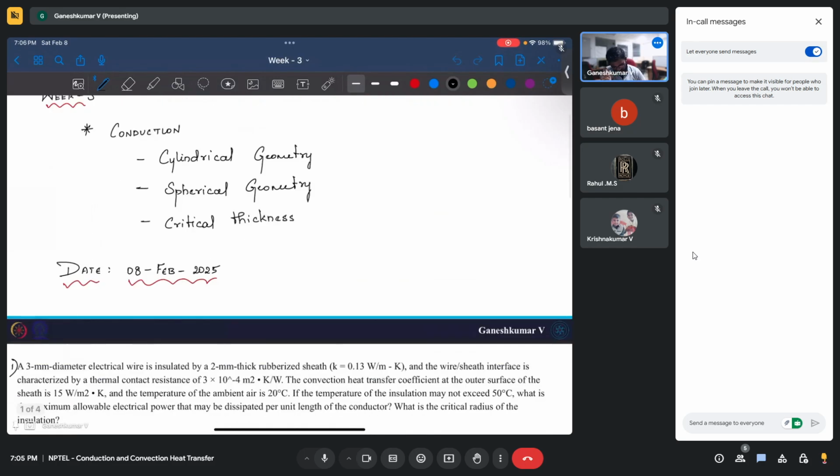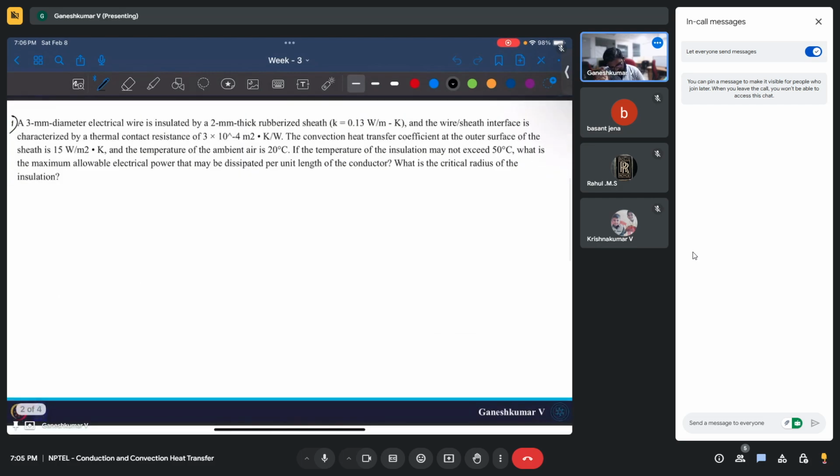Okay. So the first problem is about a 3 mm diameter electrical wire insulated by a 2 mm thick rubberized shell with a thermal conductivity of 0.13 watt per meter Kelvin.